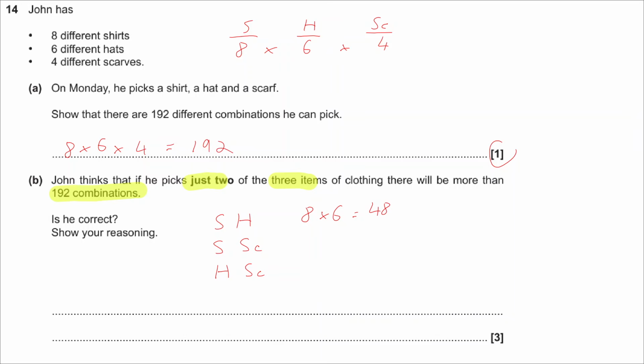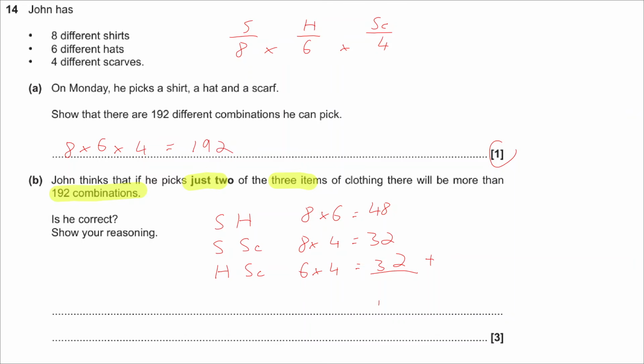With a shirt and a scarf, a shirt is 8 and a scarf is 4, so it's going to be 8 times 4, which is equal to 32. And then you've got a hat and a scarf. Hat is 6, scarf is 4, so you can do 6 times 4, which equals 24, and if you add these together, it's going to be less than 192.